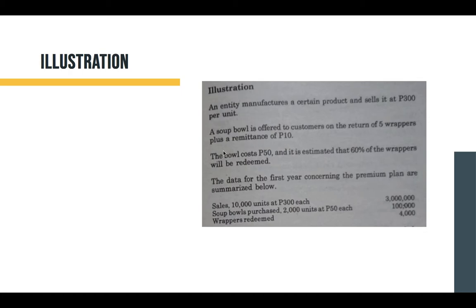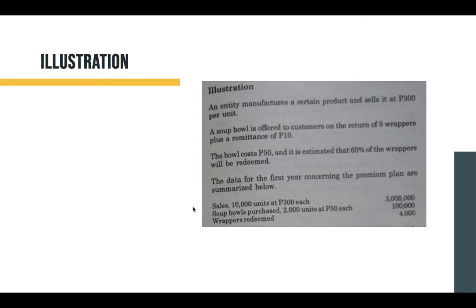The bowl costs 50 pesos and it is estimated that 60% of the wrappers will be redeemed. The data for the first year concerning the premium plan are summarized below.